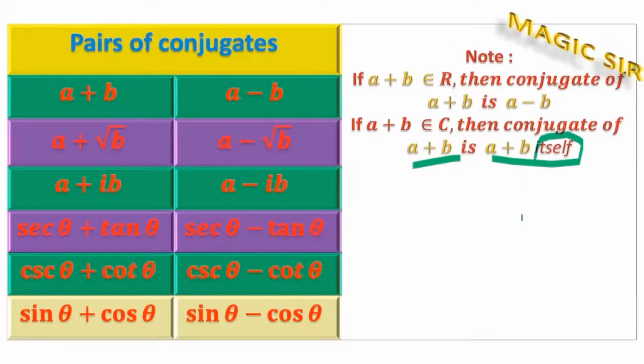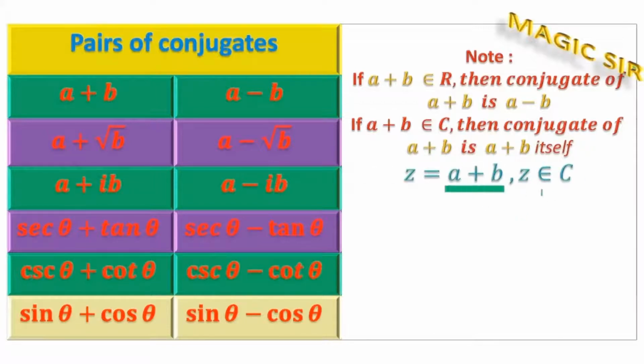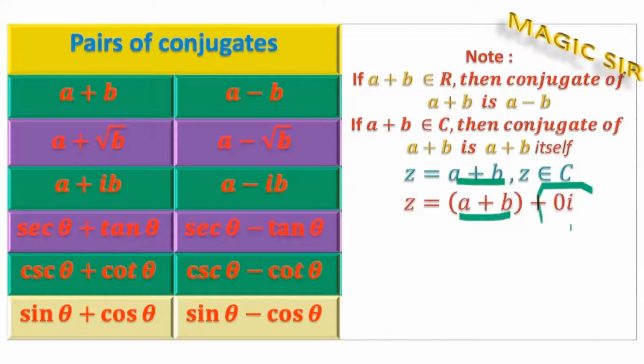Let us check. Z is equal to A plus B, where Z belongs to C. Then Z is equal to A plus B plus 0 into I. Here, real part equal to A plus B and imaginary part is equal to 0.